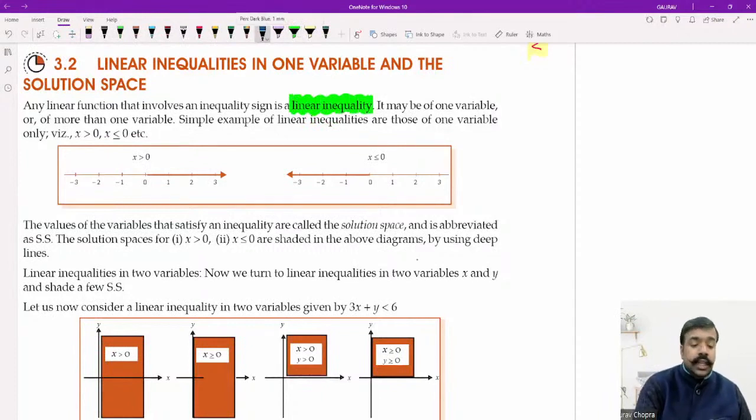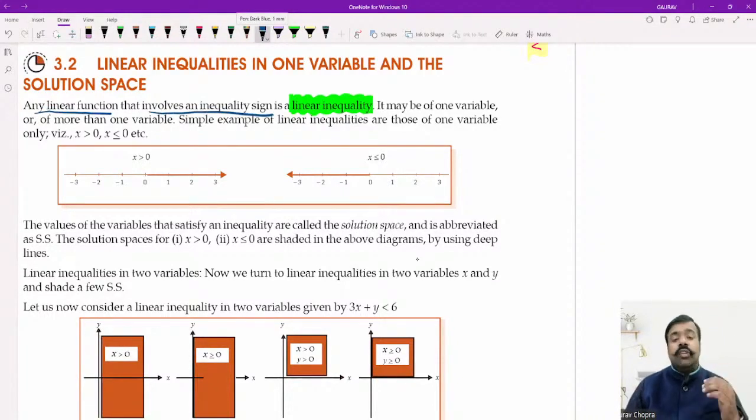So whenever an inequality sign is involved, that is known as linear inequality. It can be one variable or even more than one variable.